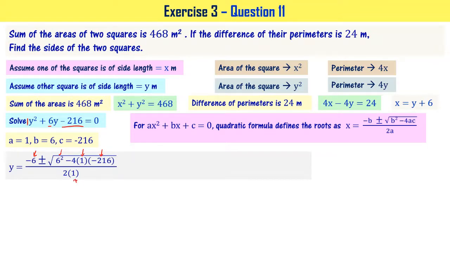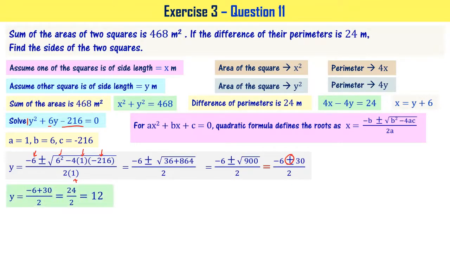You simplify this further such that you get y equal to minus 6 plus or minus 30, divided by 2. Let me consider the plus sign so that I can write y equal to minus 6 plus 30 divided by 2, that is 24 by 2, that is equal to 12. y equal to 12 is one answer we have. And y equal to minus 6 minus 30 by 2, that is minus 36 by 2, that is minus 18.